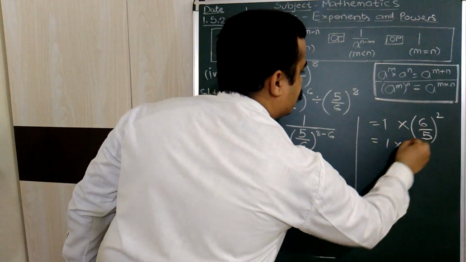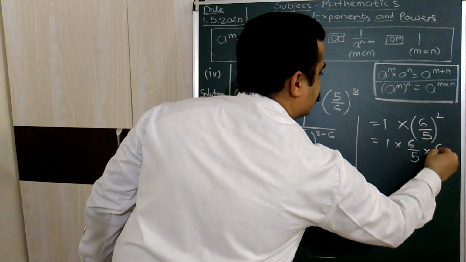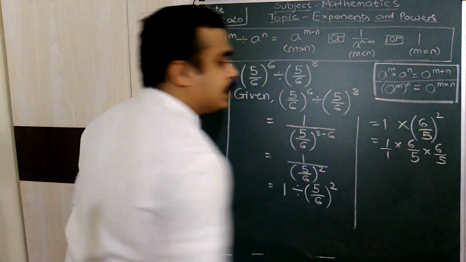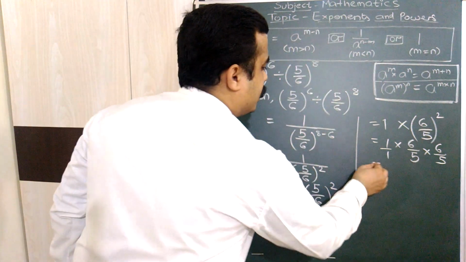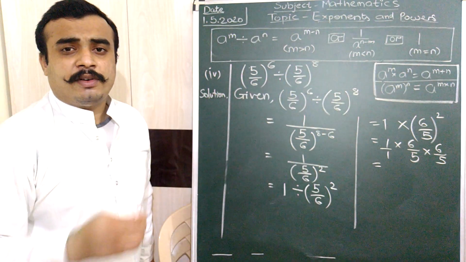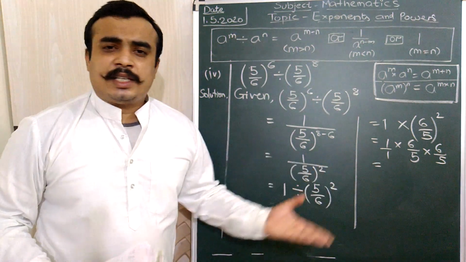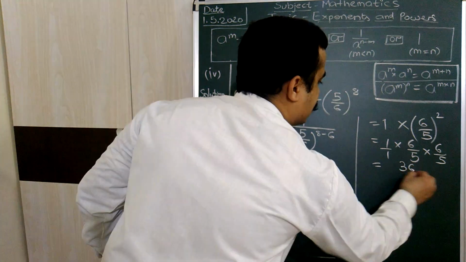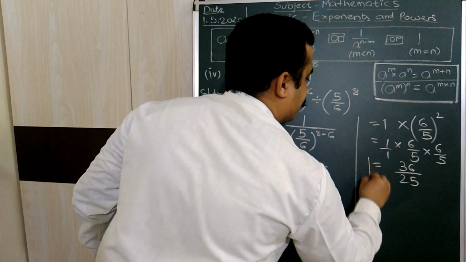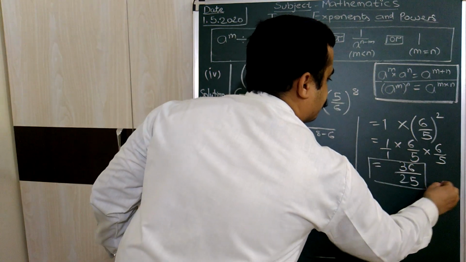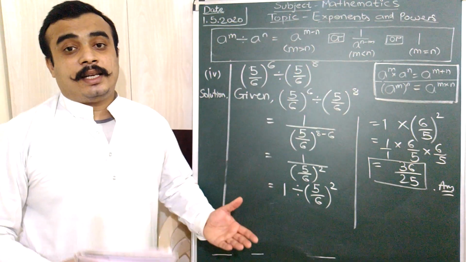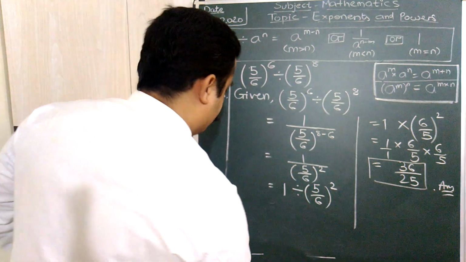Now that is 1 into 6 upon 5 into 6 upon 5, and we can write 1 as 1 upon 1. So here we have multiplication of fractions. No simplification is possible, so we will directly multiply. 6 6s are 36, 5 5s are 25. So this is the required answer. Now let's see the next example.